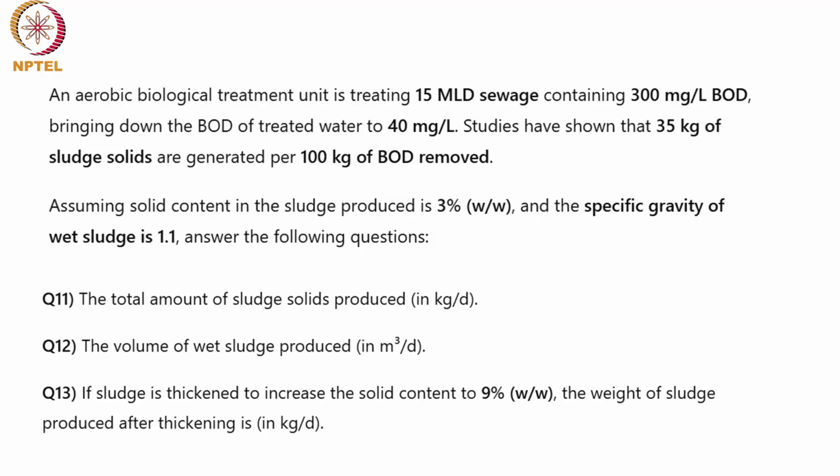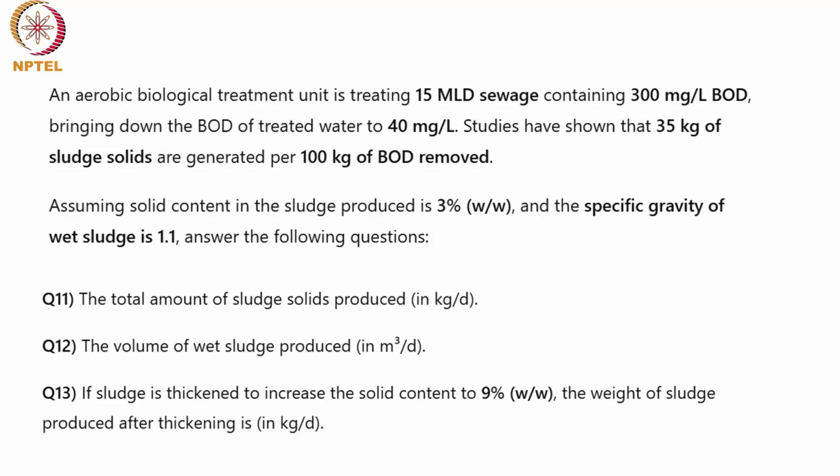Implies weight of thickened sludge equal to 40.95 into 100 divided by 9. If we solve, we would get 455 kg per day.